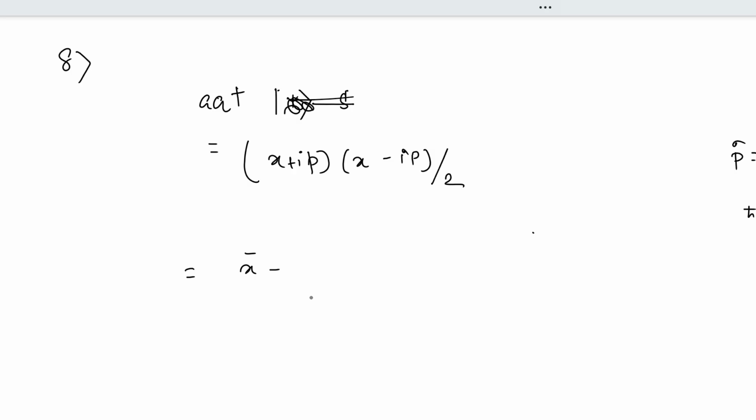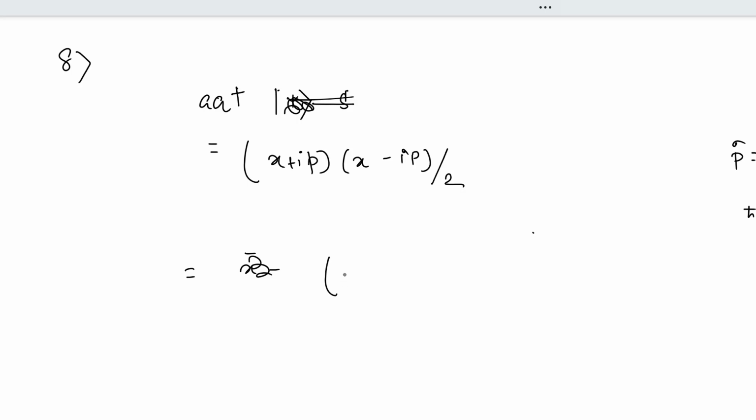So a dagger is equal to x plus ip and x minus ip divided by 2, because that is the form of a and a dagger given. And then because h cut has been taken for simplification to be 1, you know what this form will be looking like.